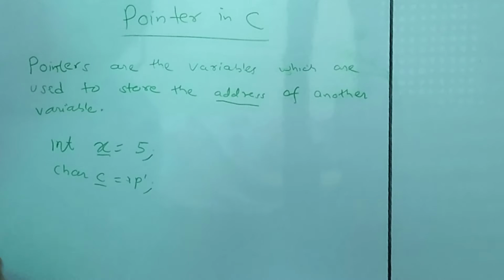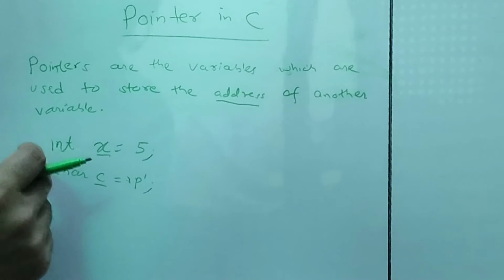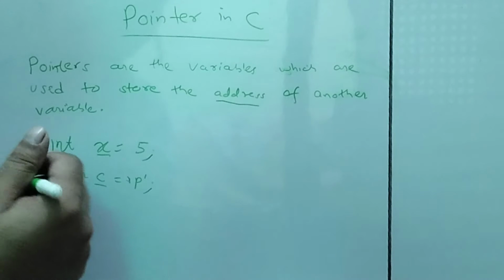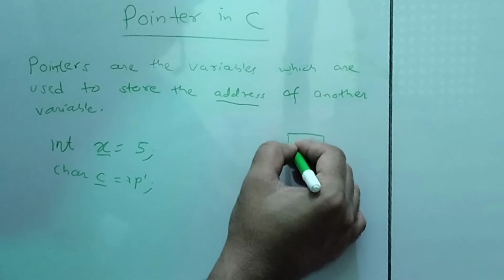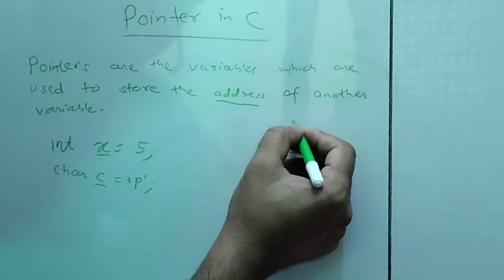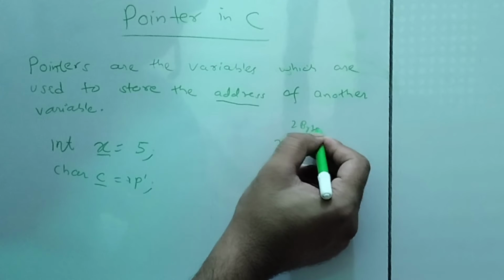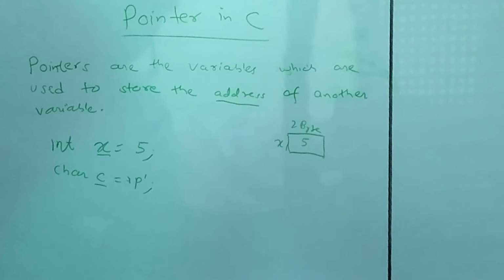Now what will happen in memory? The size of int in a 16-bit compiler is 2 bytes. So 2 bytes of memory will be assigned to x, and this 5 will be stored in that memory location.